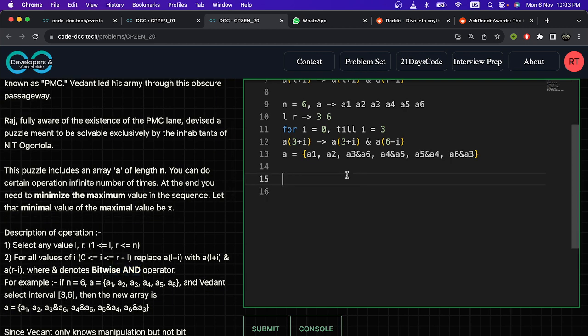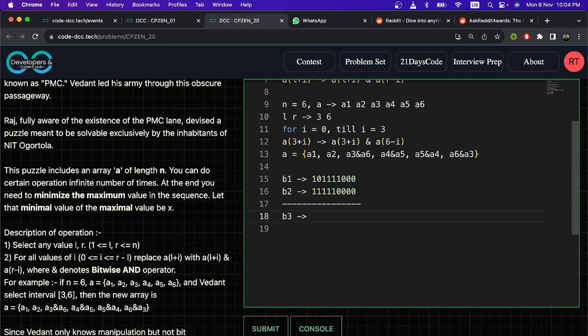Let me just explain what bitwise AND does. Let's take a number in its binary representation, say B1, 1 0 1 1 1 0 0. Let's take another number B2, 1 1 1 1 0 0 0 0, and let's do AND between them. So B3 is B1 bitwise AND B2.